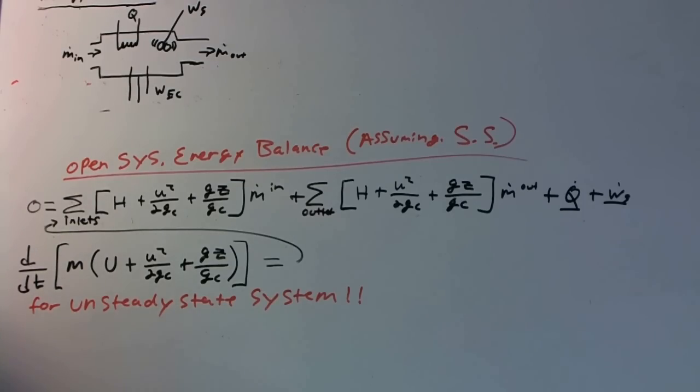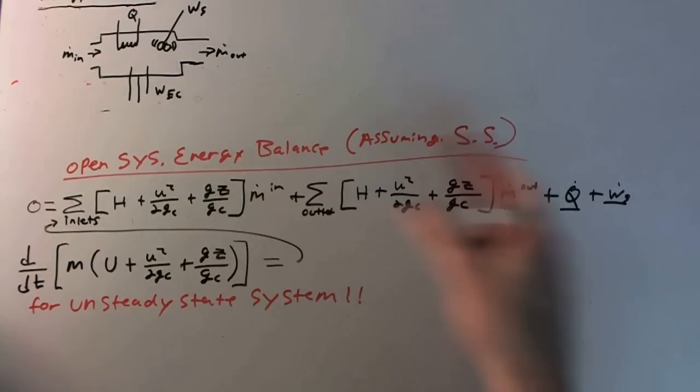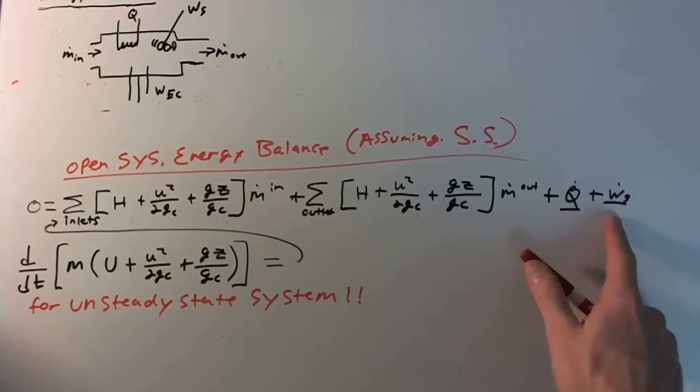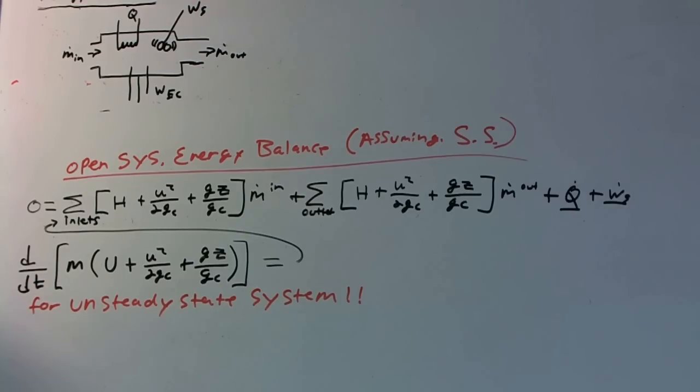Normally when you do problems with this, the first thing you'll do is write the open system or closed system energy balance, assuming steady state for the open system. Since the left-hand side is 0, most of the time you can cancel a whole bunch of stuff out and get something really nice, and you can usually solve for Q, or the shaft work, or something like that.